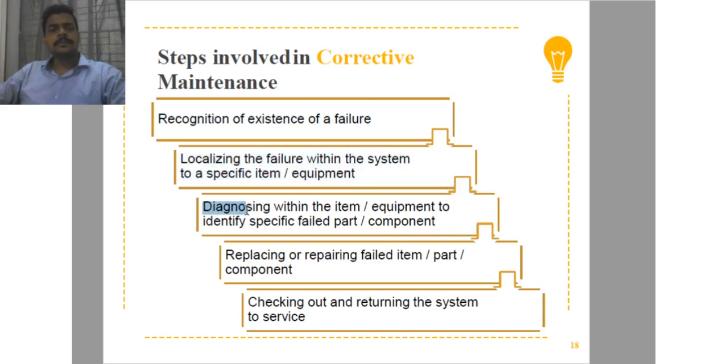The third step is diagnosing within the item or equipment to identify the specific failed part or component. Fourth, replacing or repairing the failed item, part or component. The fifth step is checking out and returning the system to service. So these are the steps involved in corrective maintenance.